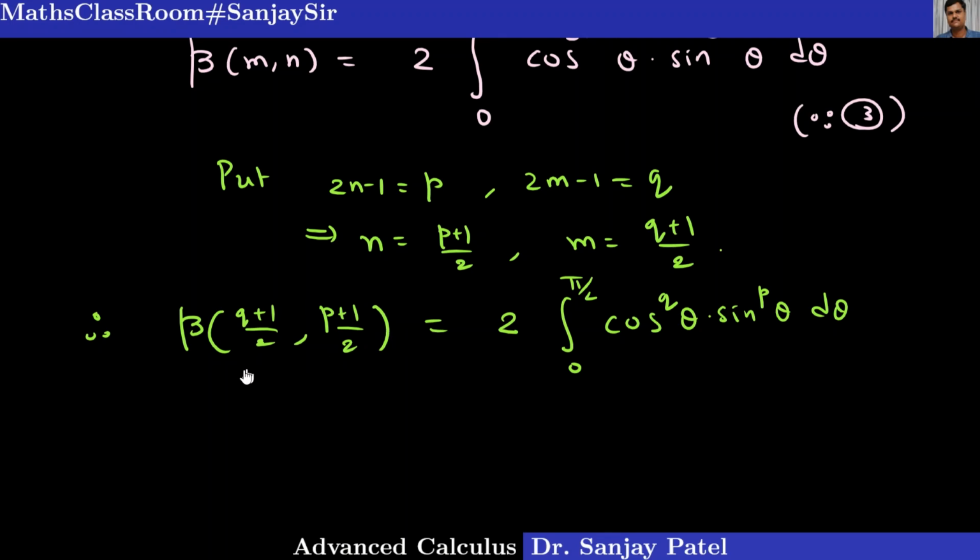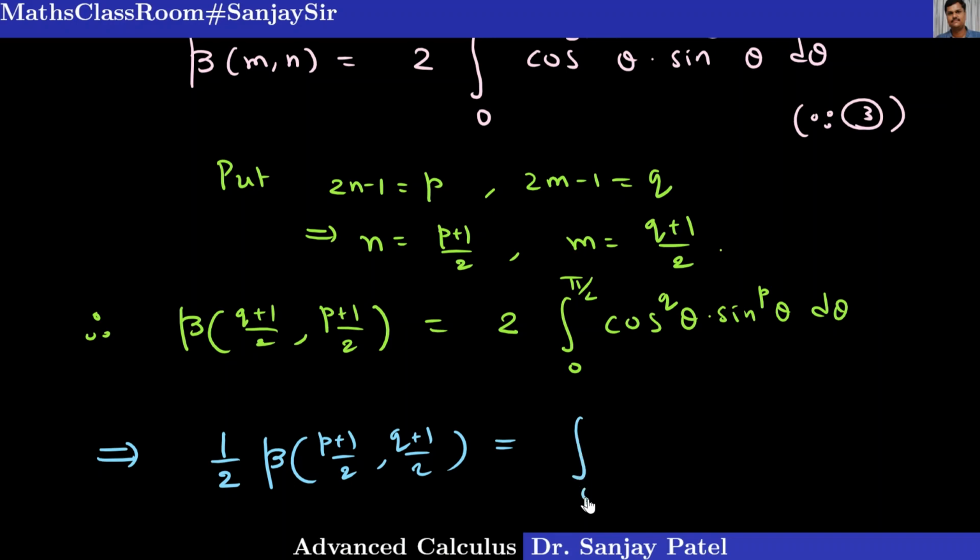Dividing by 2 and using the fact that beta is a symmetric function in its arguments, I can rewrite this as 1 by 2 times beta of p plus 1 by 2, q plus 1 by 2, because beta of x comma y is same as beta of y comma x. This is equal to integral 0 to pi by 2 sine raised to p theta into cos raised to q theta d theta.